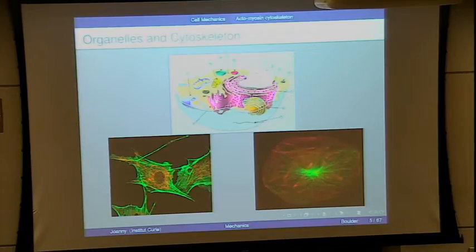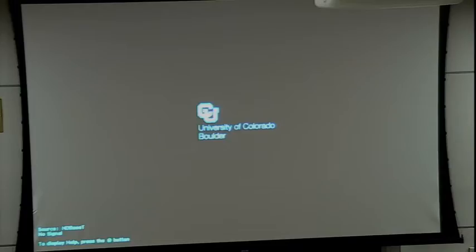And it's made of 3 types of filaments. 2 of them Joanny talked about. One of them is actin. One of them is microtubule. And the third one is called intermediate filaments.